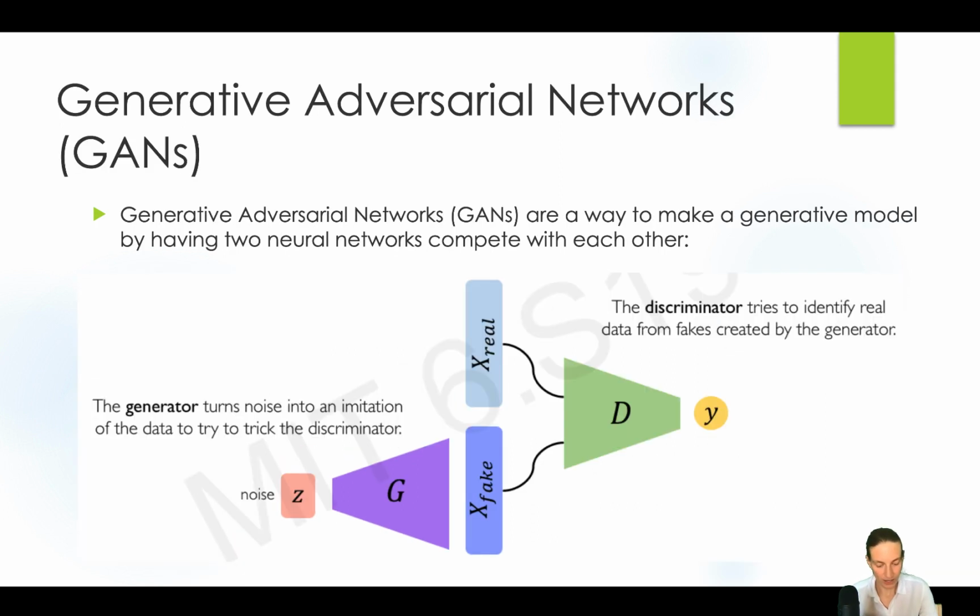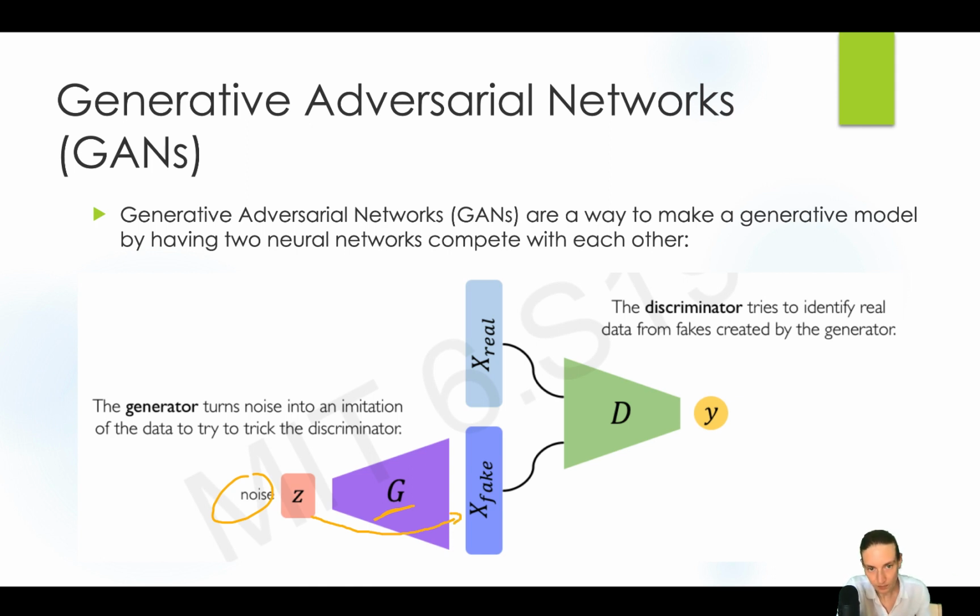So there's a simple architecture that GANs use for this principle. So we start from noise. So we start by inputting noise into what we call a generator. And this generator will transform the noise Z into a generated fake image or instance.